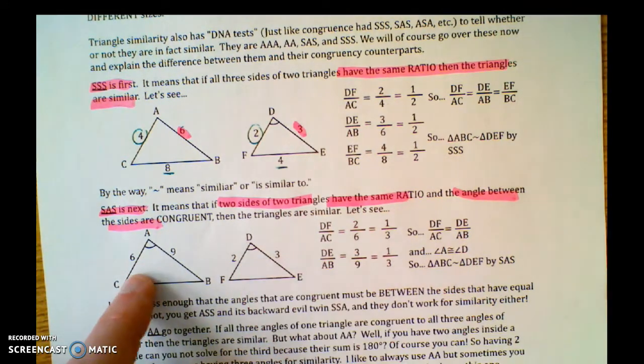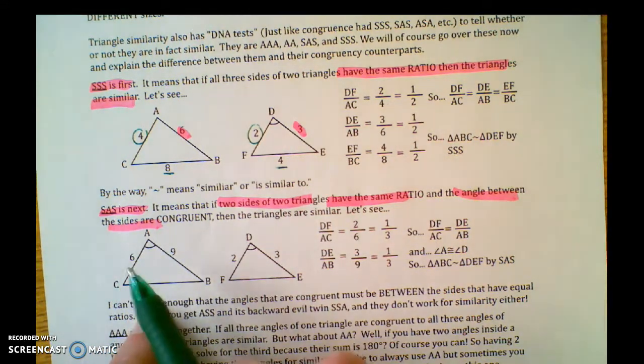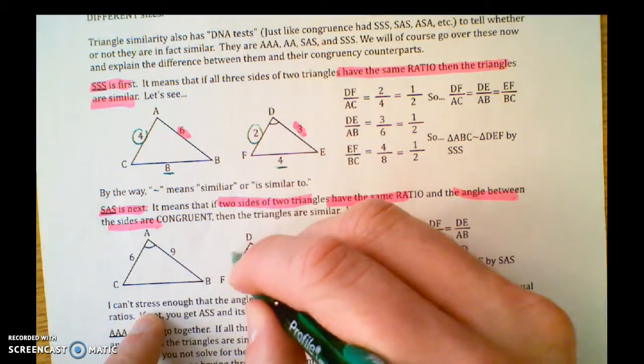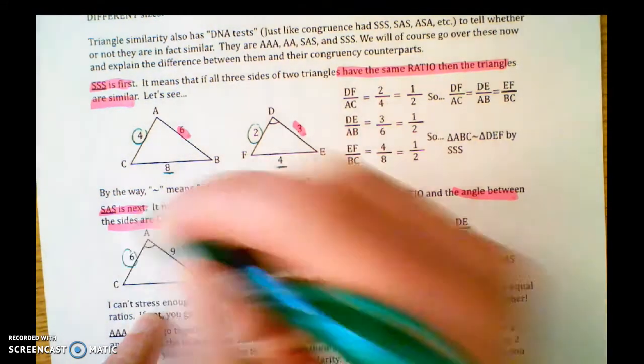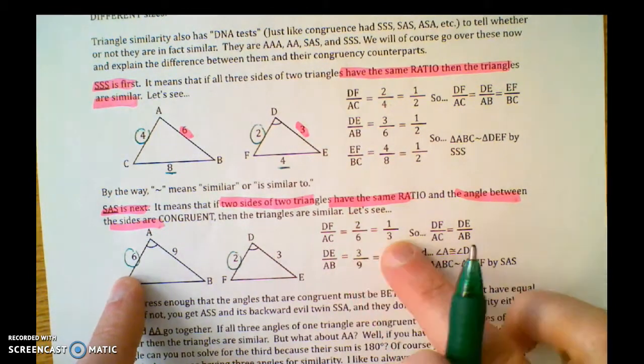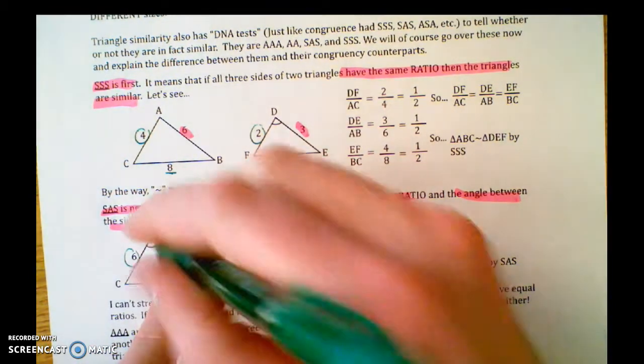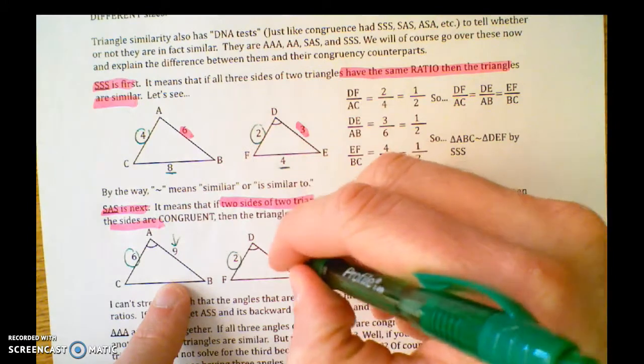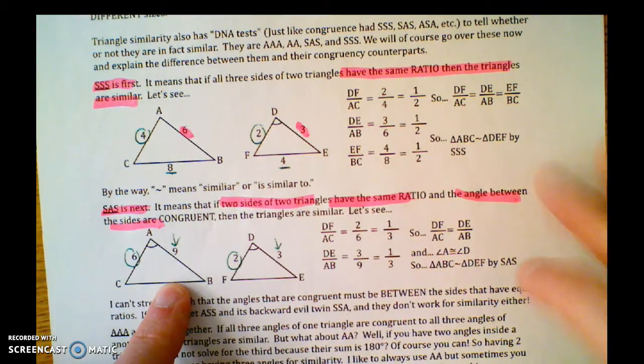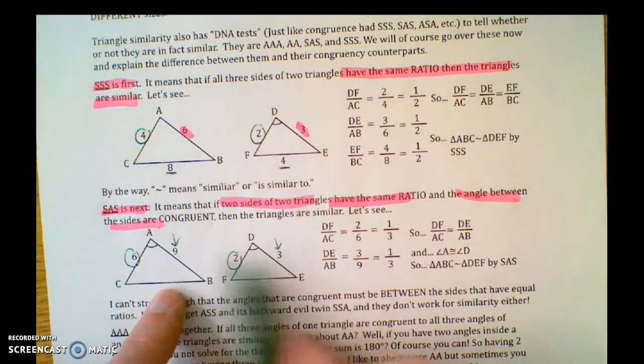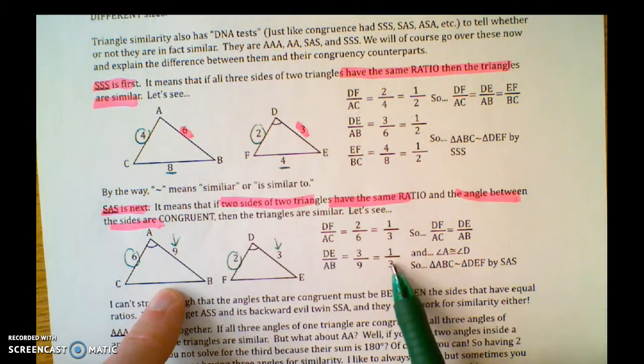So again, you can compare the sides that we have in these two triangles. We have DF with AC, so the fraction there would be 2/6, and you can reduce that to 1/3, with DE and AB. And DE is 3 and AB is 9, so if we reduce that, that's 1/3.